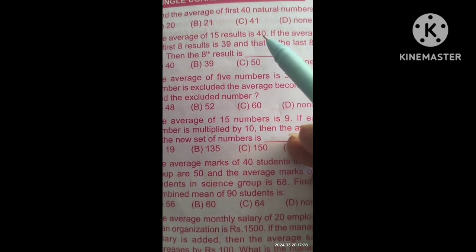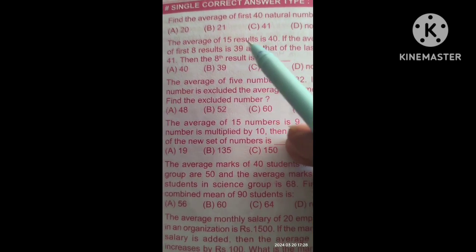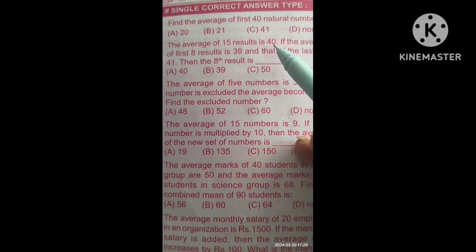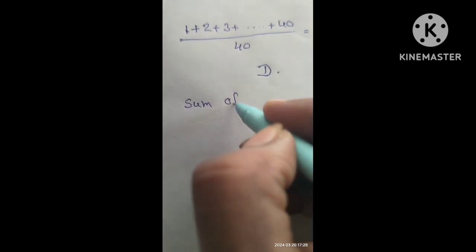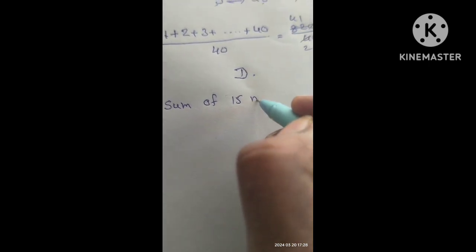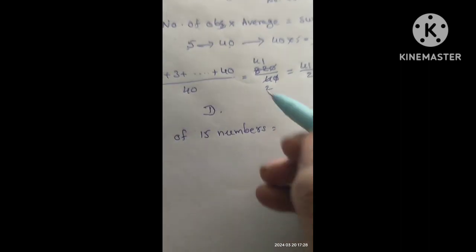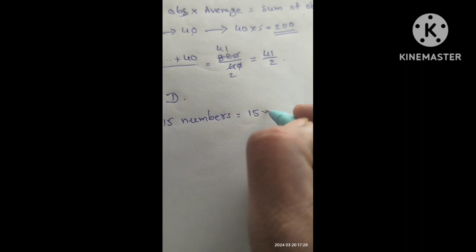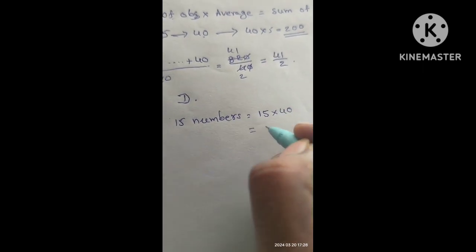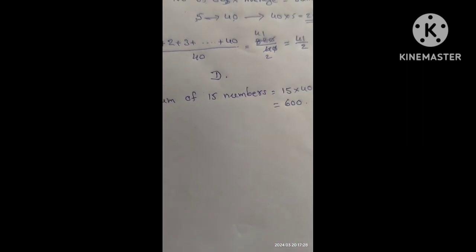So here you can calculate the sum of observations. The number of observations is 15 and the average is 40. So the sum of 15 numbers, using the formula we already discussed, number of observations into average, is 15 into 40, which is 600. That is the total of 15 numbers.